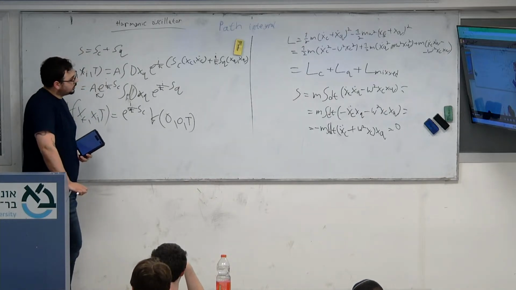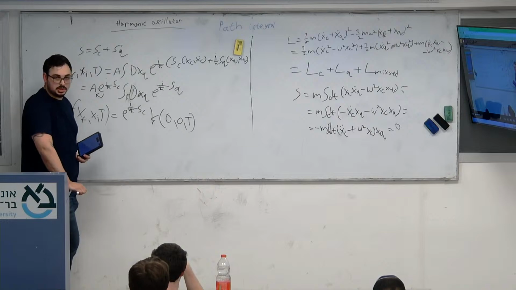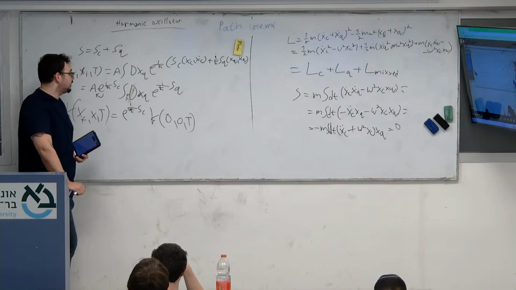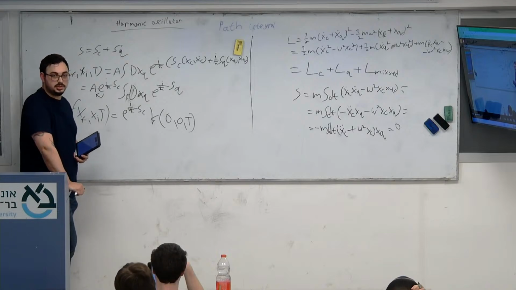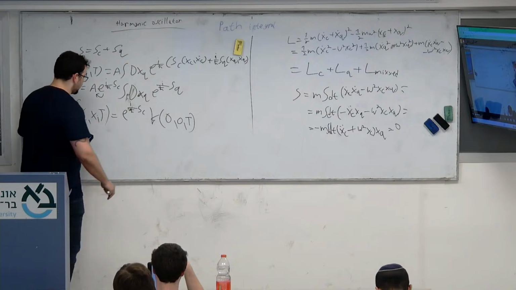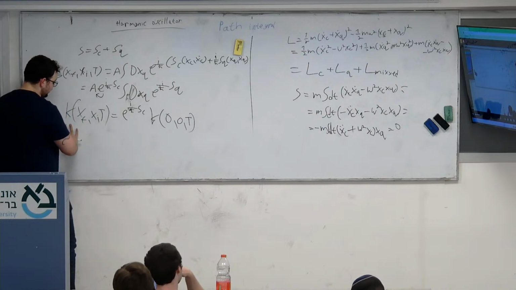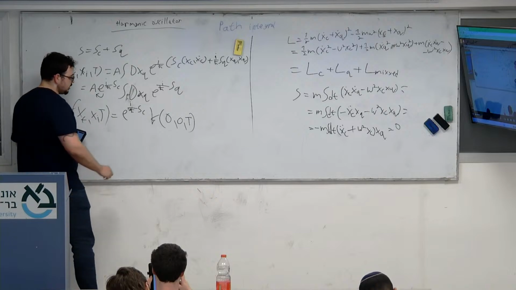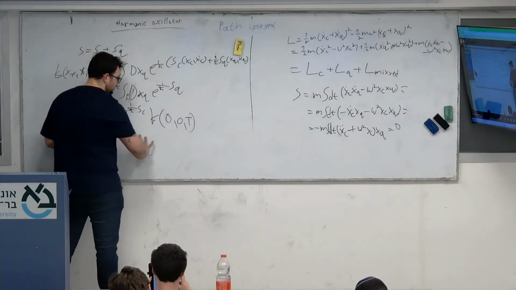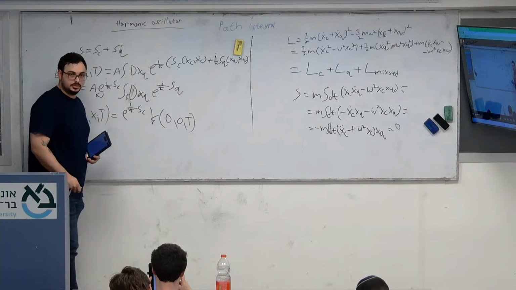Since we know in our decomposition into a classical and quantum part of the solution, the quantum fluctuation will start at 0 and end at 0. So instead of calculating the propagation function for two different locations, we just need the classical term times the propagation from 0 to 0.